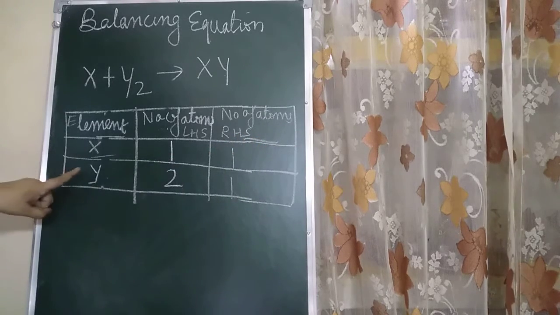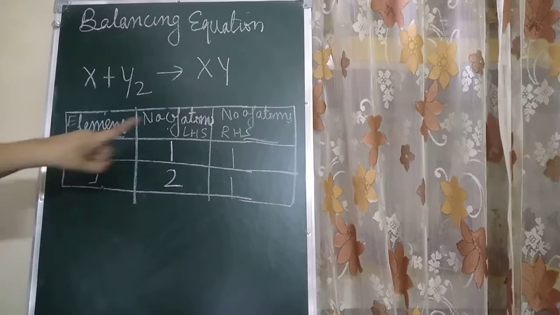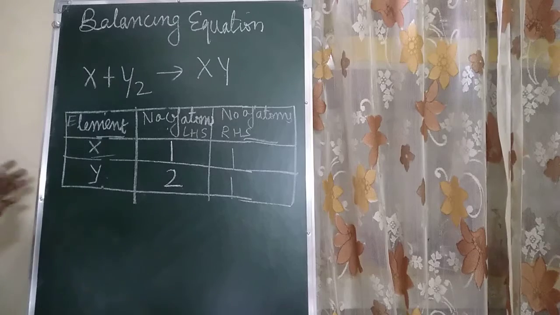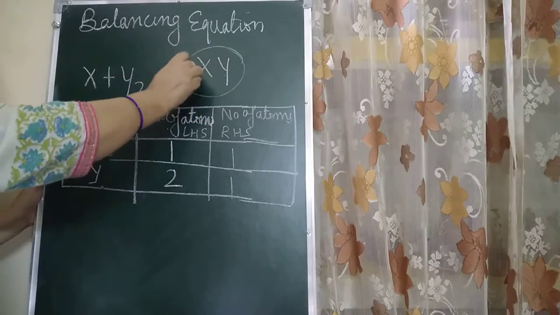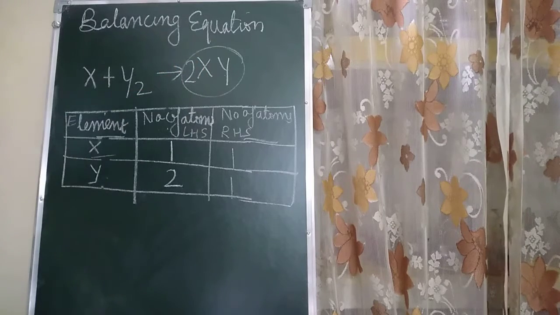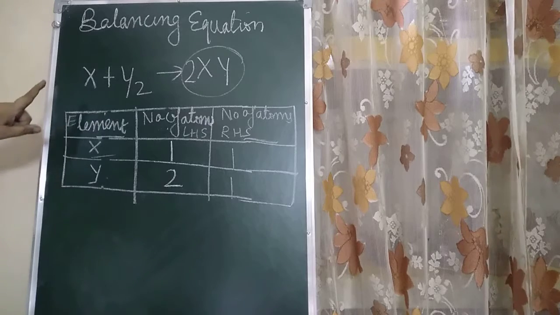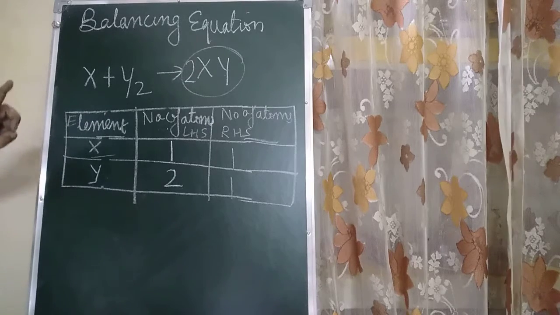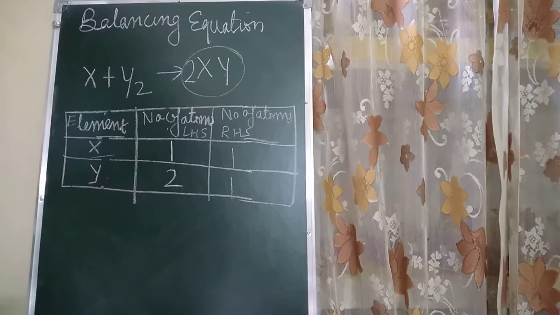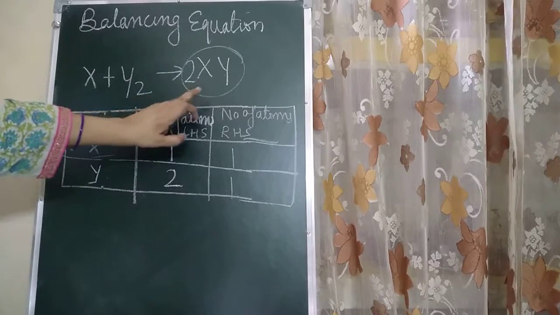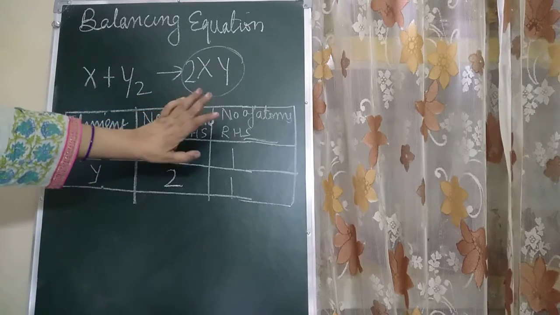So to balance the Y on both sides, multiply RHS, right hand side, by 2. So we multiplied the right hand side by 2. Now it is 2XY. So now the equation is X plus Y2 is equal to 2XY.